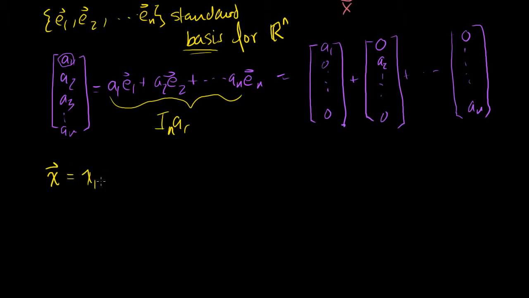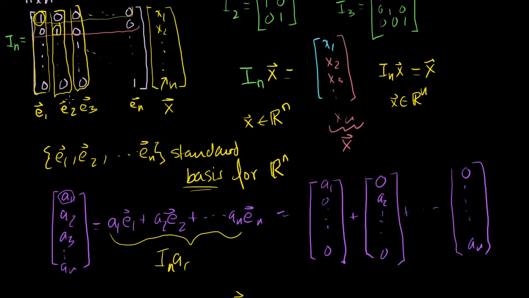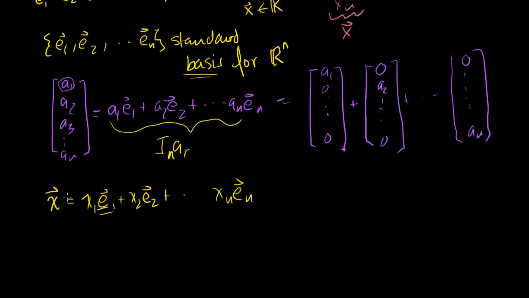So I can write that as x1 times e1 plus x2 times e2, all the way to xn times en. Remember, e1 is just a 1 in the first entry and all the rest are zeros. E2 is a 1 in the second entry, and everything else is 0. E5 is a 1 in the fifth entry, and everything else is 0.